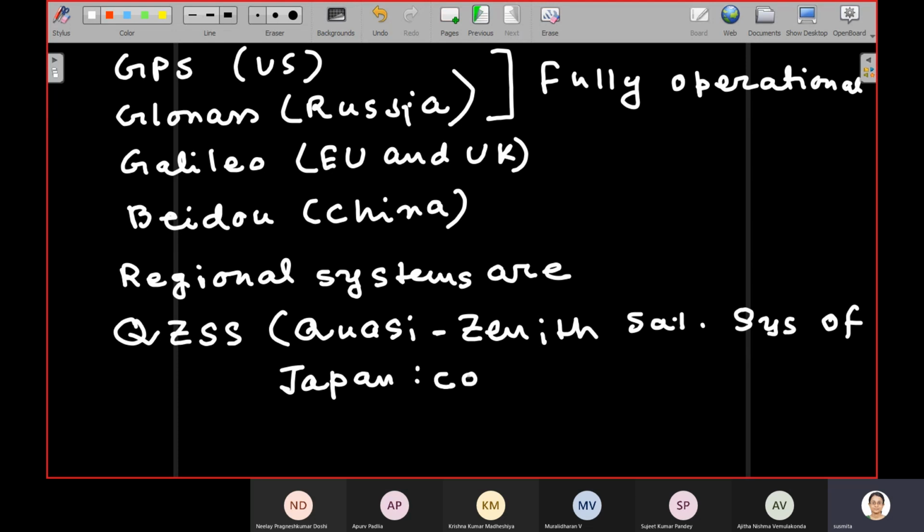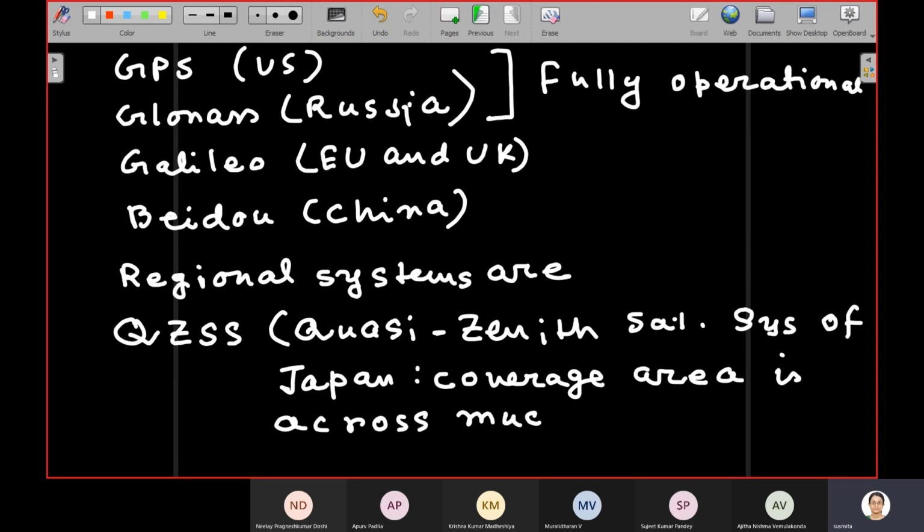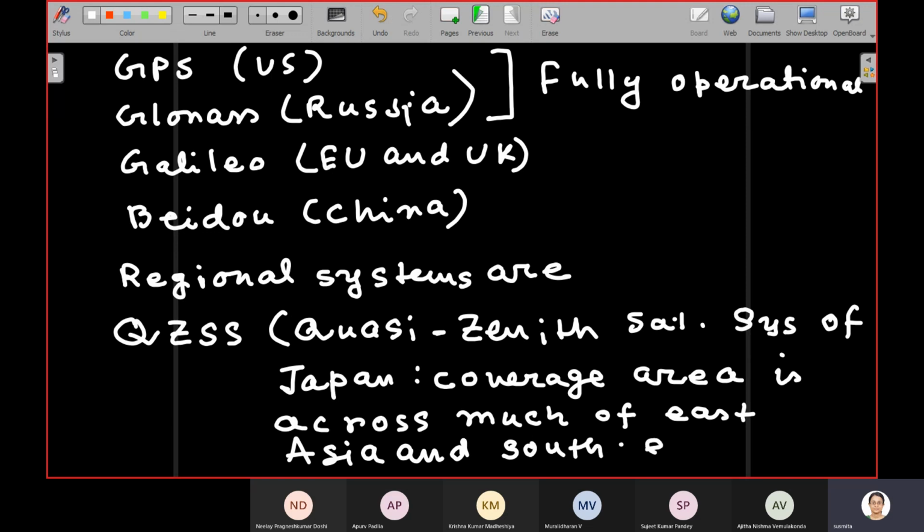So its coverage area is across much of East Asia and Southeast Asia. Although it is a regional system specially developed for Japan, satellite signals are available in surrounding areas as well.